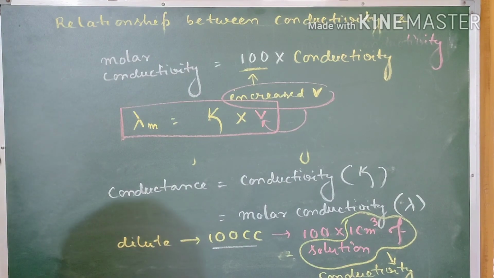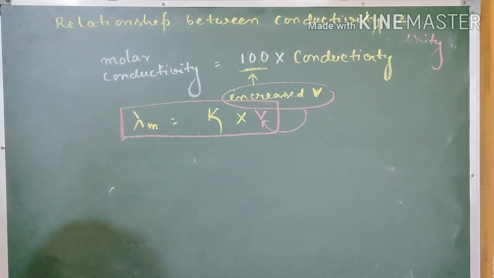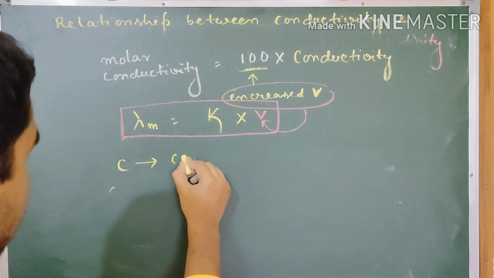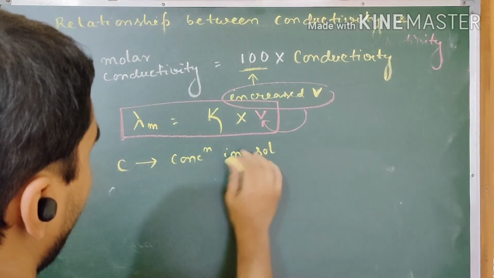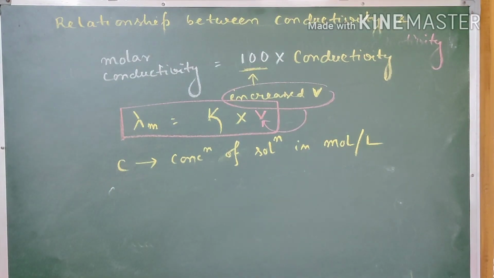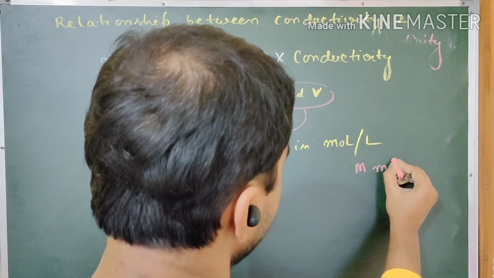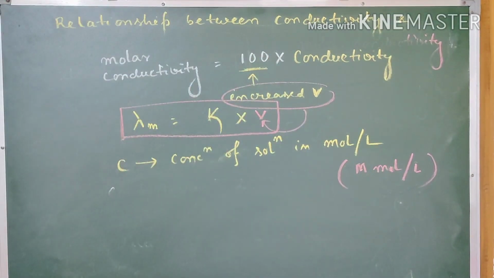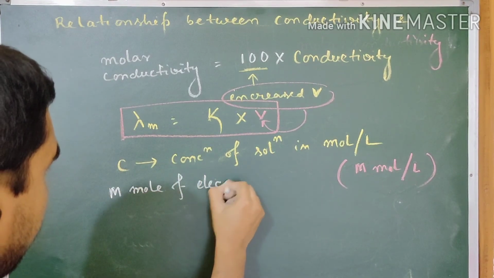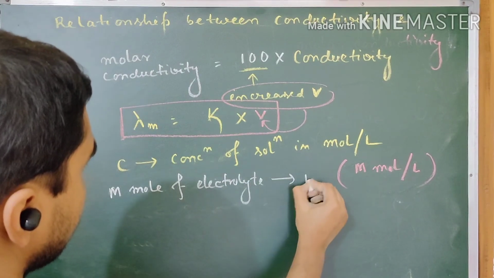Not only that, further to elongate, if we want to write, now if C is the concentration of the solution in moles per liter, then what we can say is, suppose it is m moles per liter, then we should write that m mole of electrolyte is present in 1000 cc.